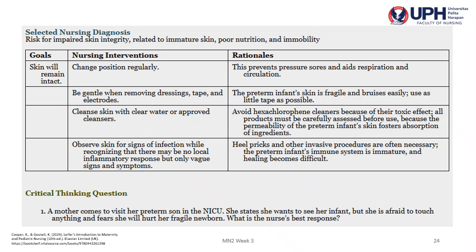So we try to change position regularly, we are gentle when we remove dressings, and we only cleanse the skin with clear water, and we observe whether there are signs of infection. And I will put these critical thinking questions within our forum, so I expect that you will be able to answer these as your assignment for this week.